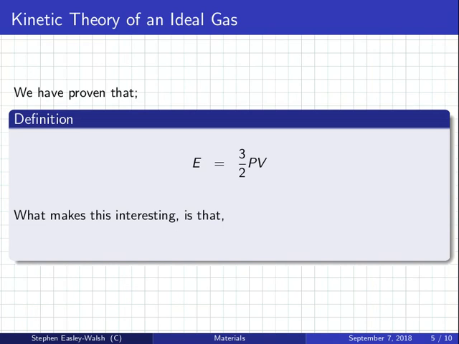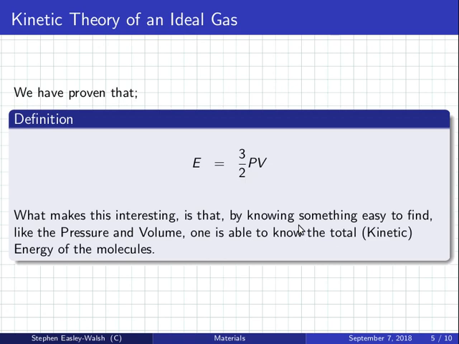Now what I think makes this so interesting is that it's quite easy to find the pressure and the volume, isn't it? Volume you just measure, and the pressure you can measure as well. But you can know something which is very difficult to find. If I said to you, find the kinetic energy of 1 billion particles in a gas, you couldn't do that.